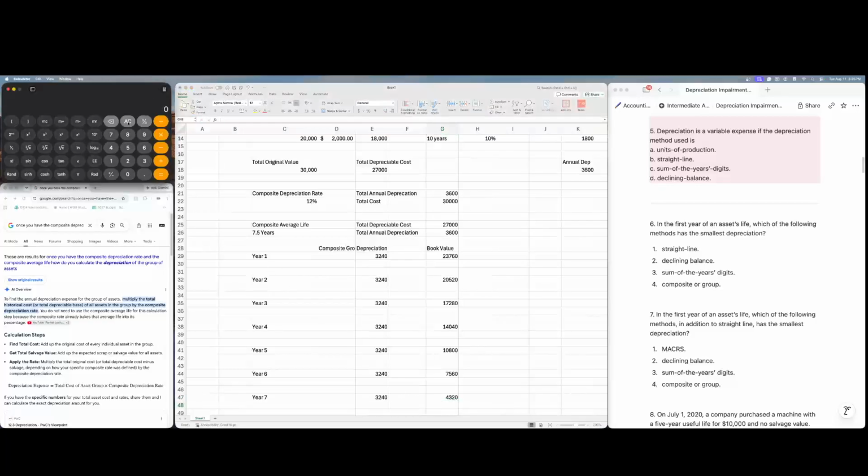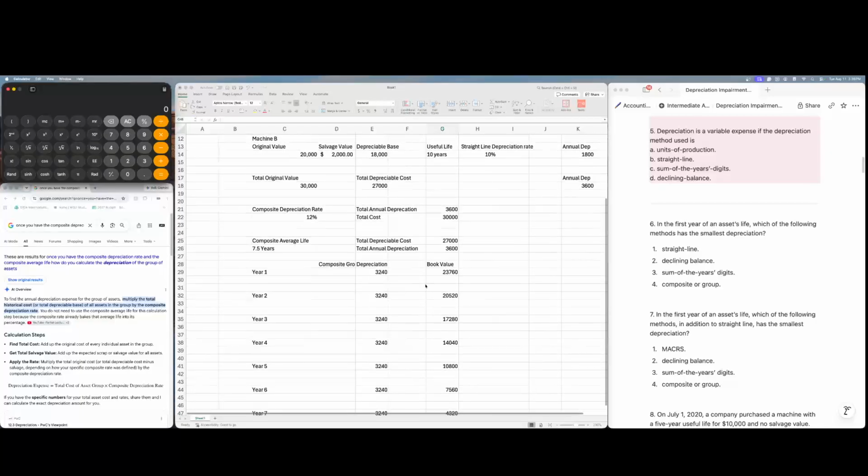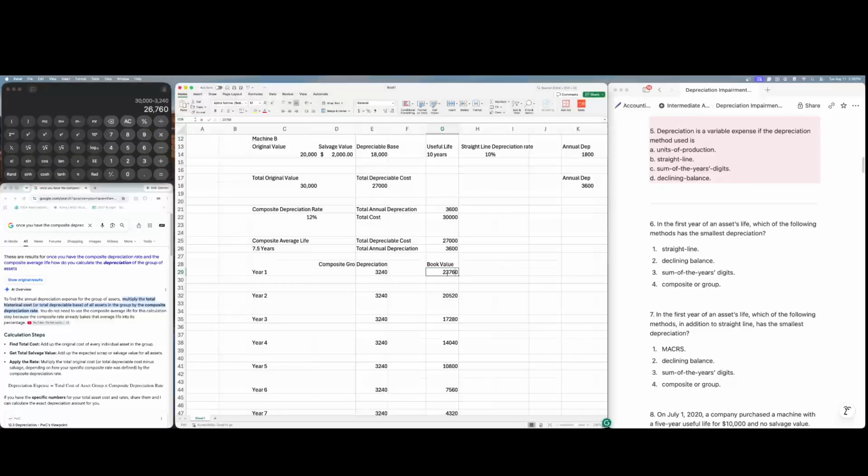Well, actually, the depreciation is going to be deducted from the book value, not the depreciable base. So the book value is 30,000 minus the depreciation of the first year, which is actually 26,760.